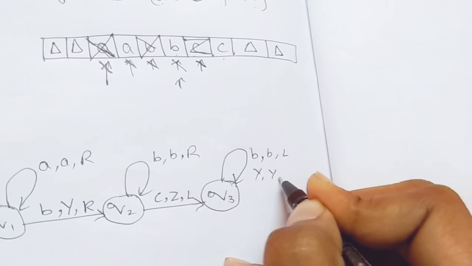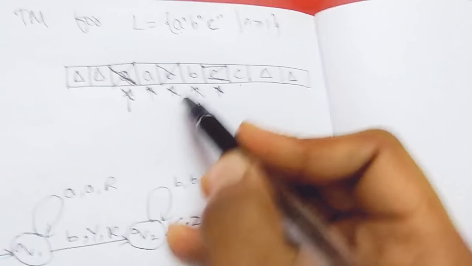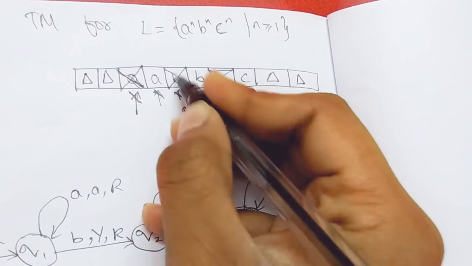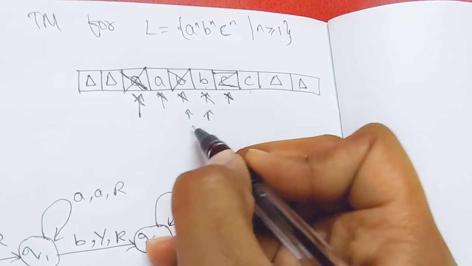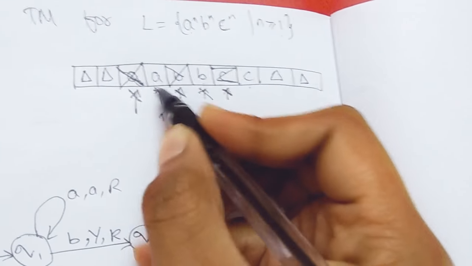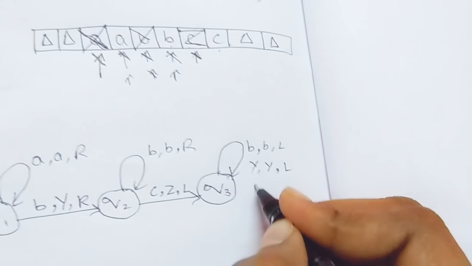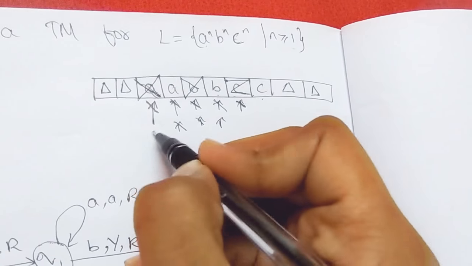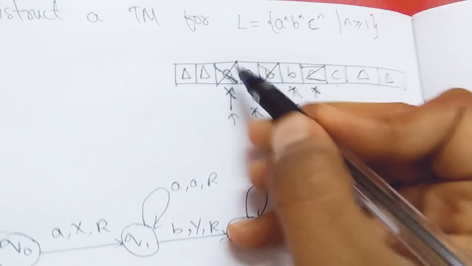And there is Y, so I'll replace Y with Y itself because it's already processed, and move to left. Now there is A, which will be replaced with A itself and move to left, because I need to find X.